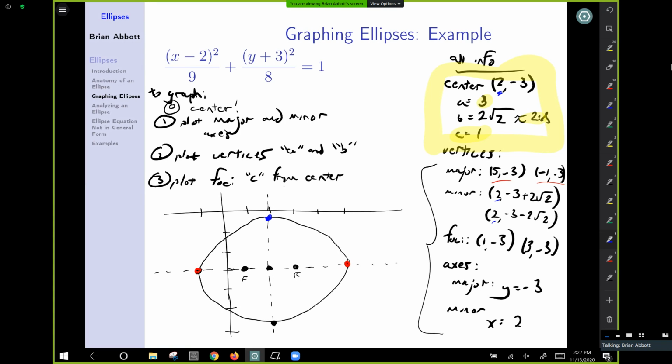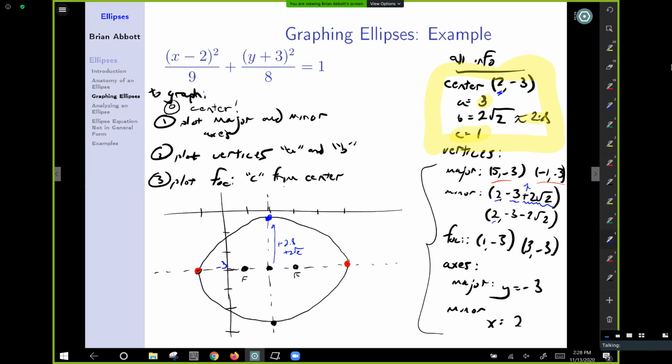So how did we get that first vertex? Well, we started at the center, and what we did was we went up 2.8, or in exact terms, went up 2√2. Where did we start in the vertical? Well, we started at the y coordinate of -3. So we start at -3 and then go up the distance of 2√2.